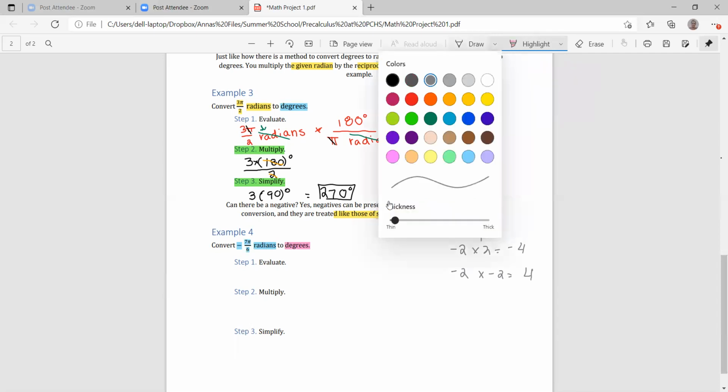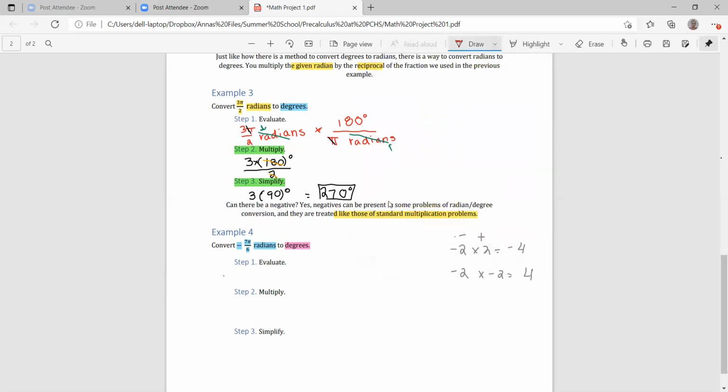That's easy. We did it in this problem right here. So we're going to use the same fraction right here, the reciprocal of the one we used in example 2. And we're going to start by evaluating what we know. So let's write down the given, our -7 pi over 6 radians.